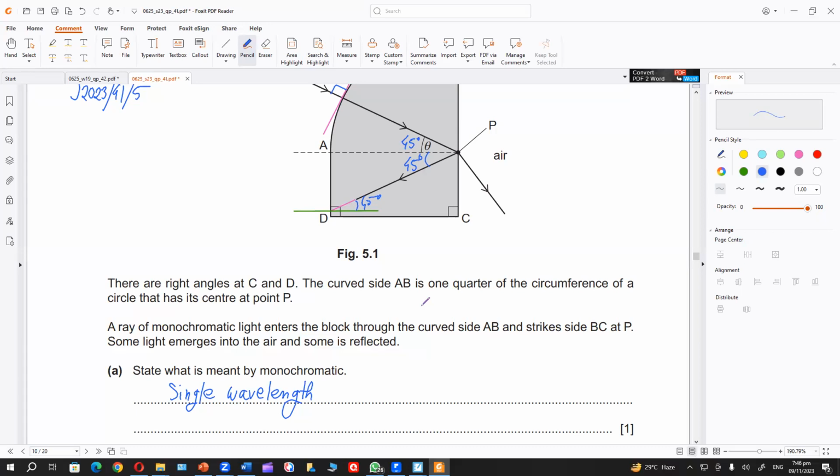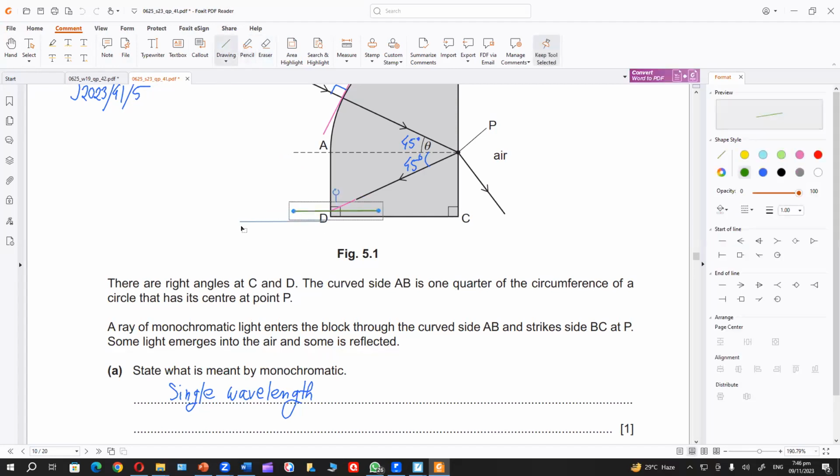So when the light strikes CD, the angle will be 45 and 45 is greater than 42. So again, total internal reflection will occur. So you will tell the examiner that again total internal reflection will occur.